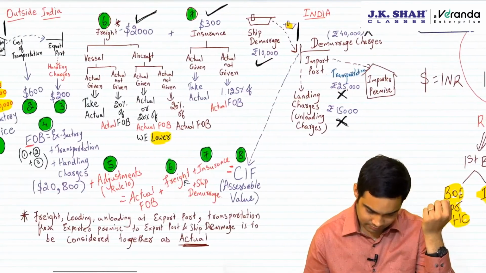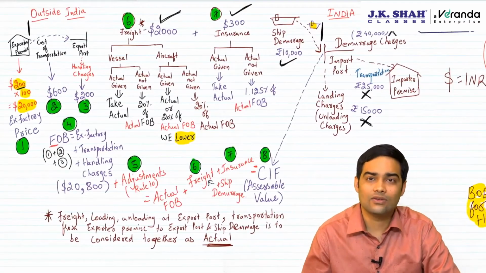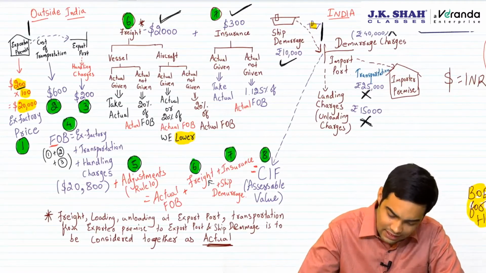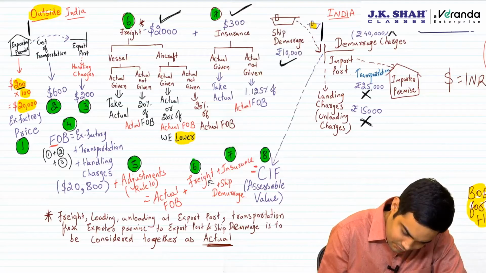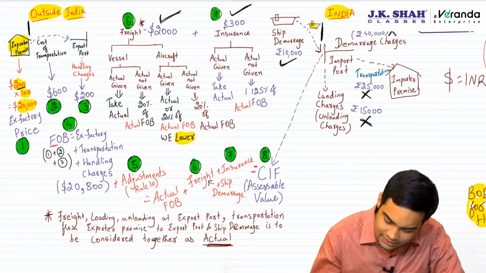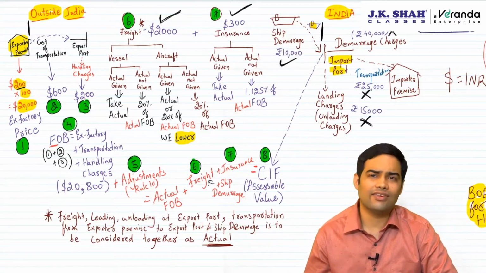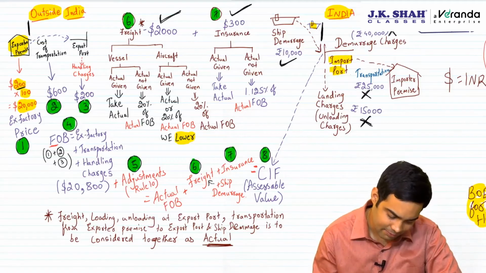Now, see this with numbers. Let's start with 1. But before that, this is outside India. That is exporter's premise. And this is India, Indian port. That is import port. Correct? Okay. You incur various expenditures. See, the first thing is ex-factory price.